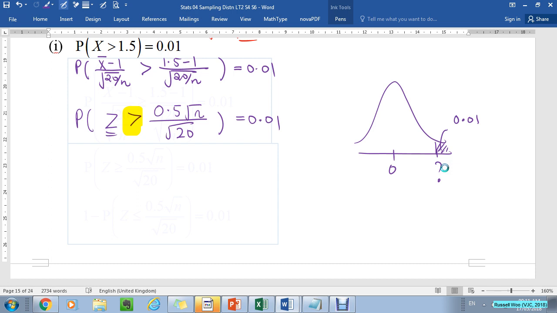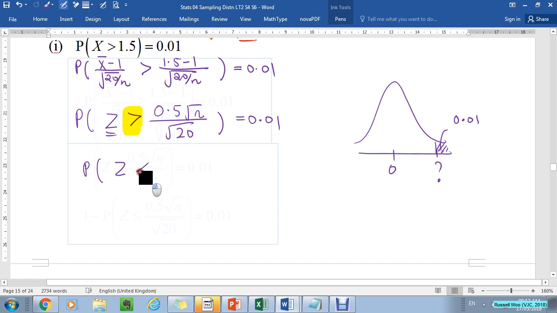Be careful. Because when you enter into a GC inverse norm, the GC asks for the left bound area. For most of us at least. So, we got to convert it to a lower bound. Which means I can jump straight to probability z smaller than something.